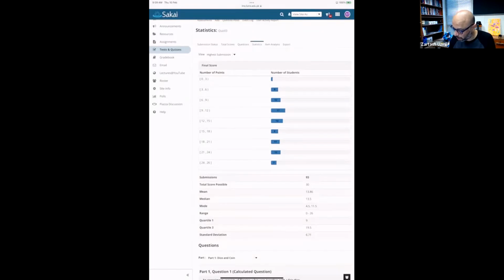Lots of people received more than 15 marks, और ये देखें 26 तक भी मार्क्स आए, 26, 27 तक मार्क्स आए लोगों के। 7 people in the 24 to 26 वाली रेंज, ठीक है, which is a decent distribution of marks among the students.